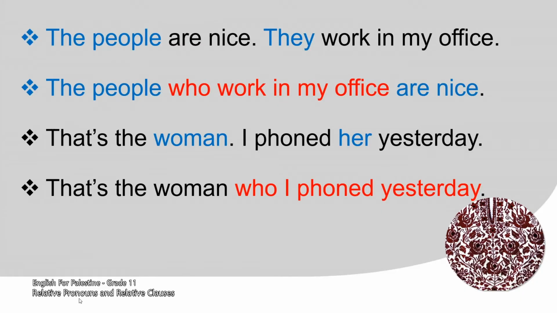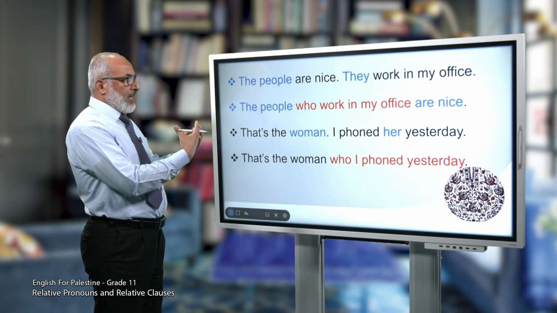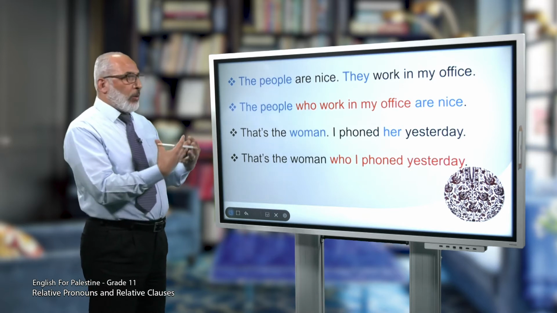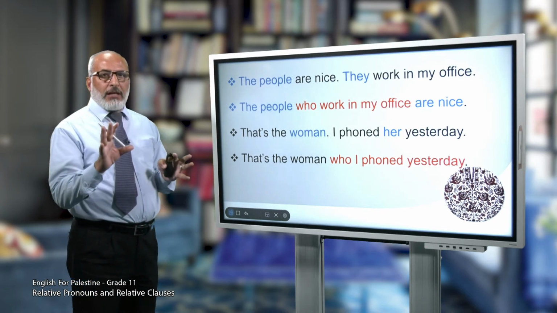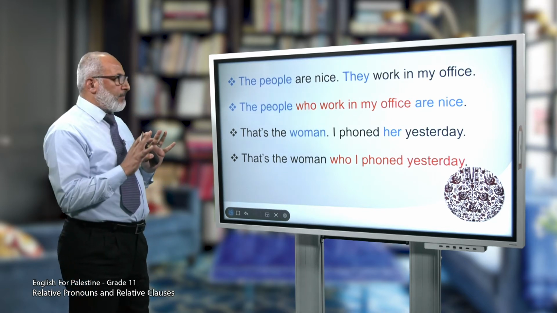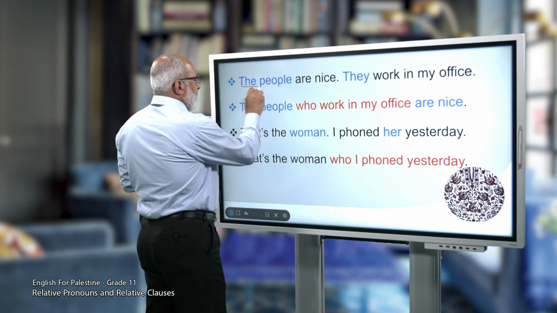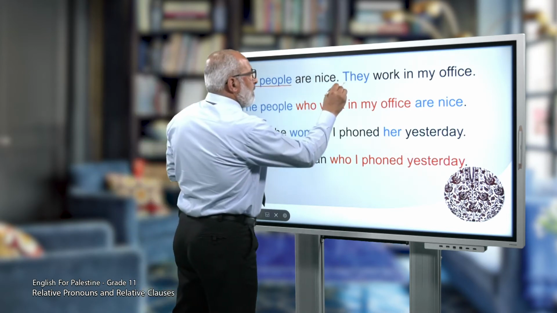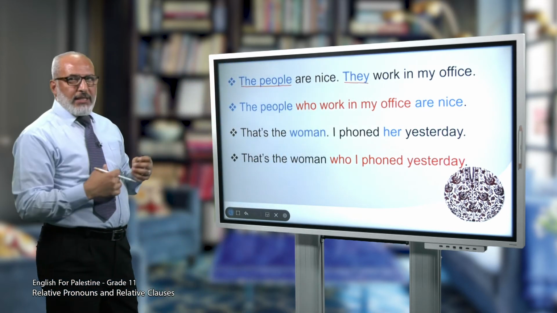The people are nice. They work in my office. We want to join these two sentences together by using a relative pronoun or a defining relative clause. The steps are as follows. Number one, we decide the common words in the two sentences.